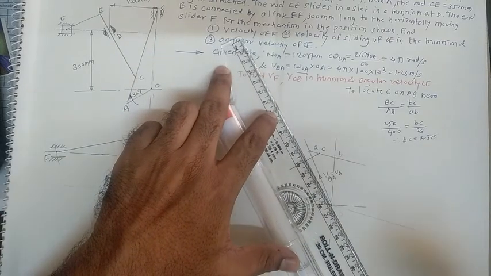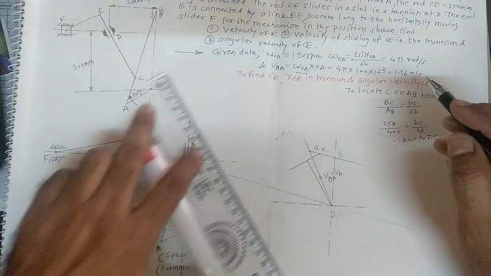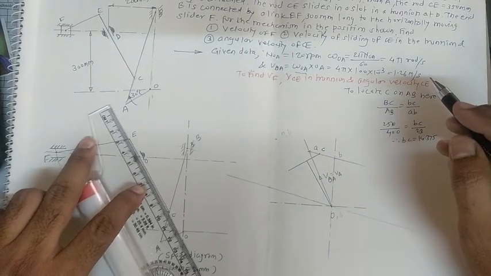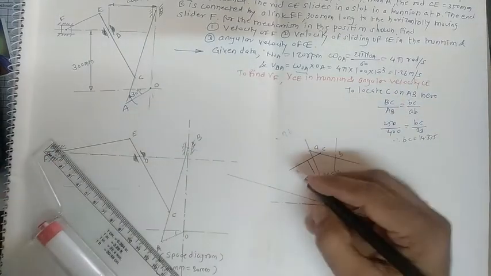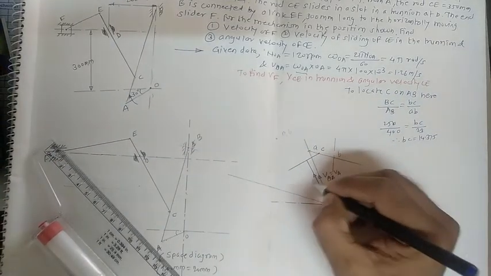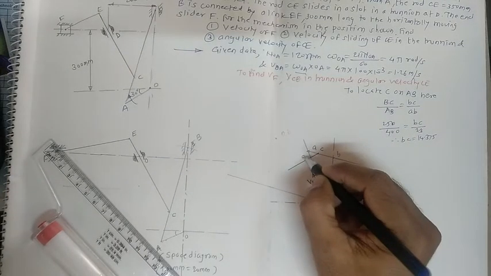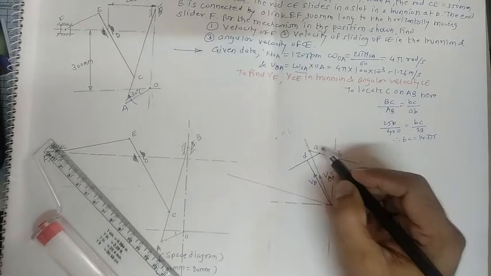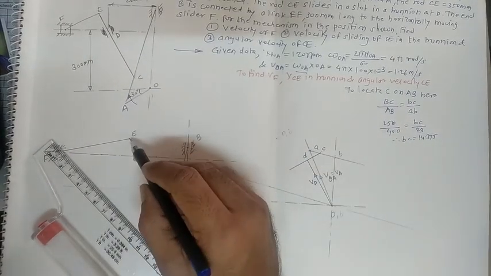Means if I join this in this way, you have to draw the parallel line to this one. So we are drawing a parallel line here. This indicates the velocity of d in that trunnion. If you see here, this point is nothing but the d point. Now c point with us, d point with us. Our target is to locate the e point.